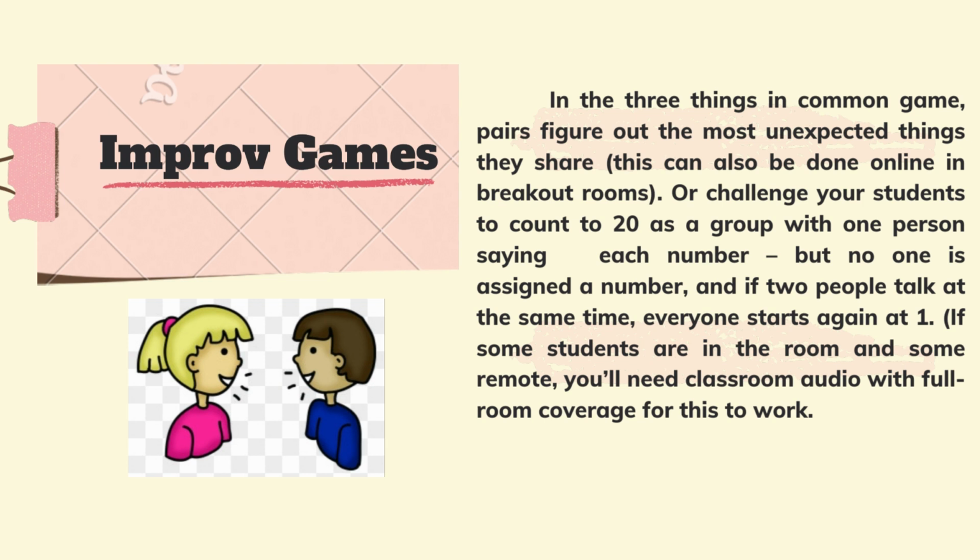Or challenge your students to count to 20 as a group with one person saying each number, but no one is assigned a number. If 2 people talk at the same time, everyone starts again at 1. If some students are in the room and some remote, you'll need classroom audio with full room coverage for this to work. So I will show you some examples of the improv games.